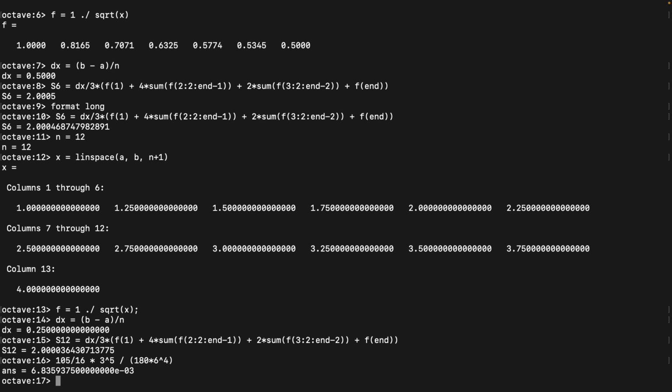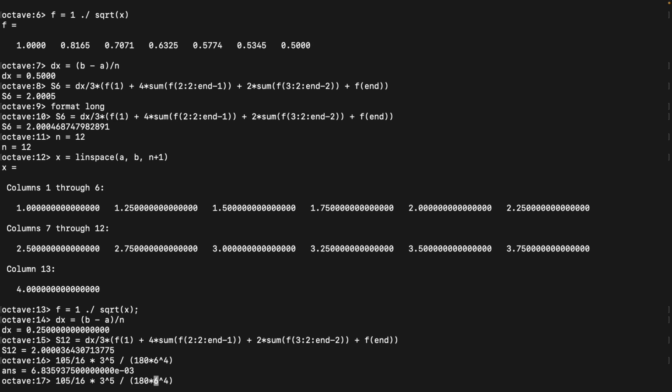So for n equals 6, this is telling me my error should be less than 6.8 times 10 to the negative 3, so 0.0068. I'll just truncate that.